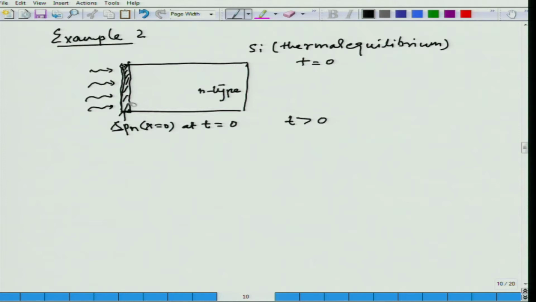So, again it is a problem of minority carrier diffusion, and so if we write the minority carrier equation for this, this is not going to be a steady state solution, because the concentration of the carriers here is going to change with time. So, we are looking for a transient solution.